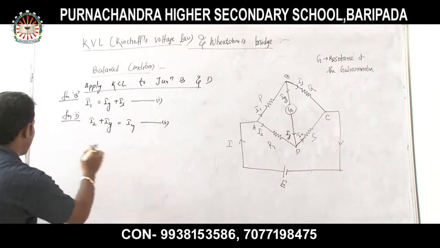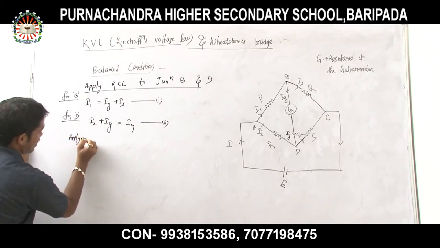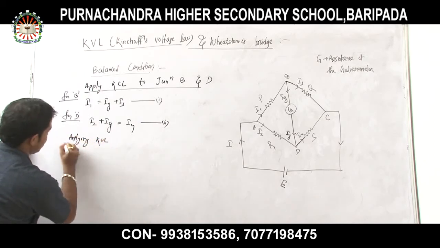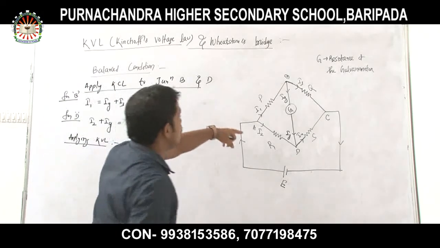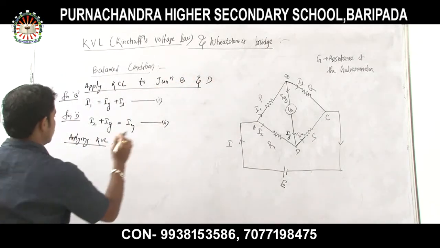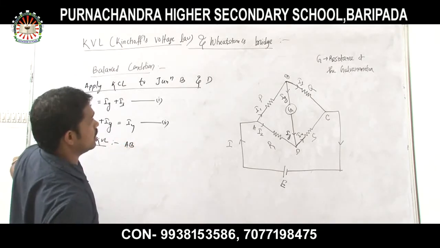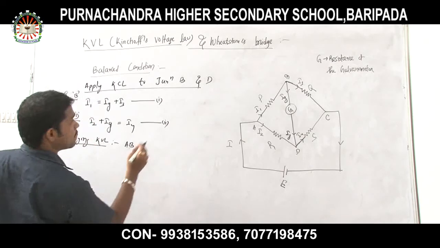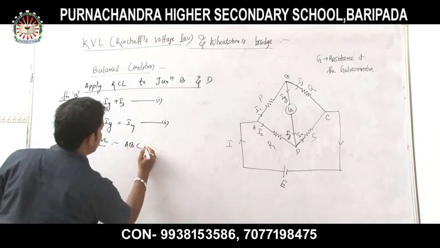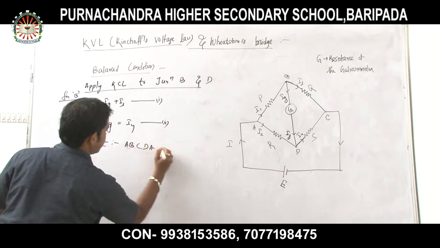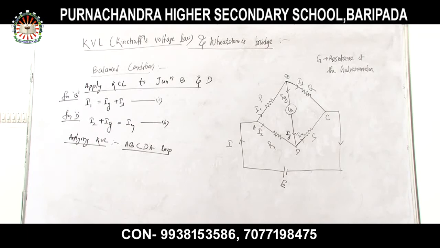Next part, we will apply the KVL. So write down, applying KVL. First we will apply KVL to the loop A, B, C, D, A. Let us apply KVL to this loop.